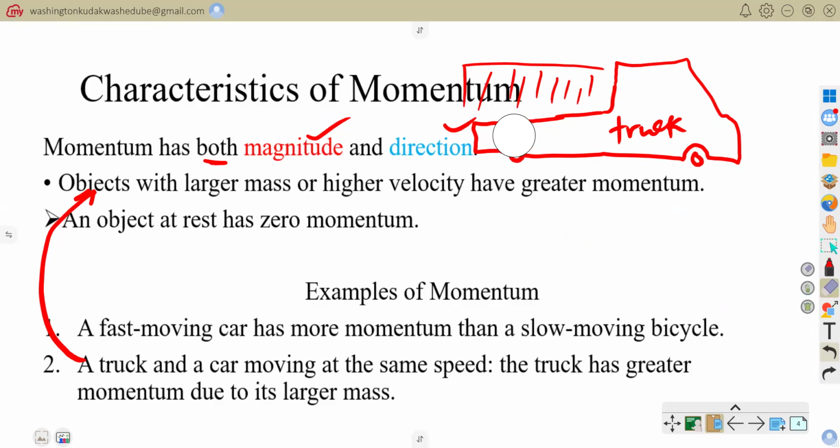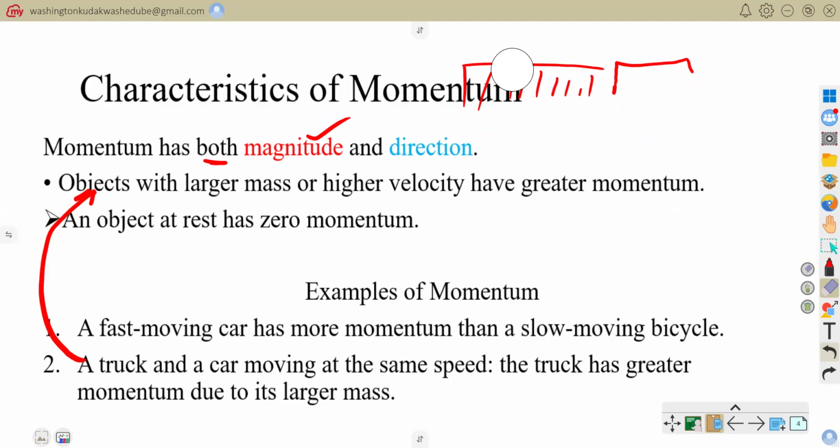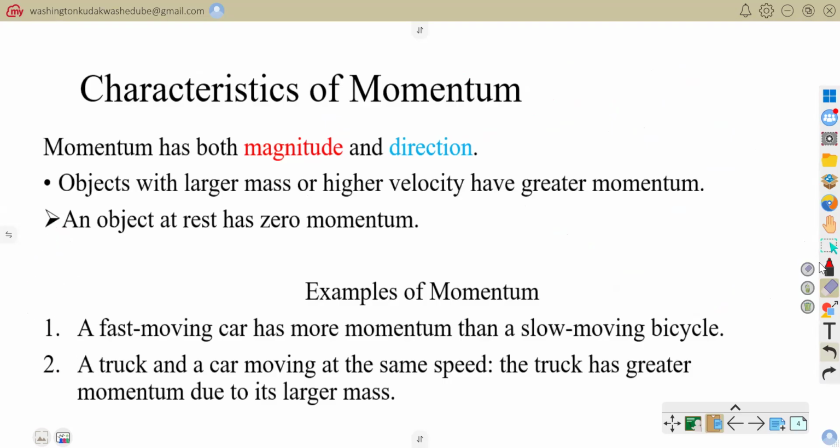So with these characteristics of momentum, one thing that I would leave you with, as an assignment, is to go and read and investigate more examples of how momentum differs in different scenarios.